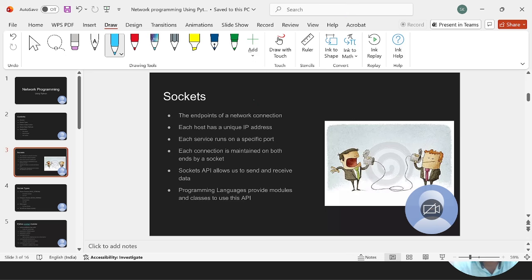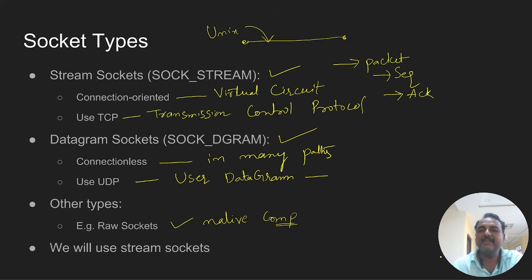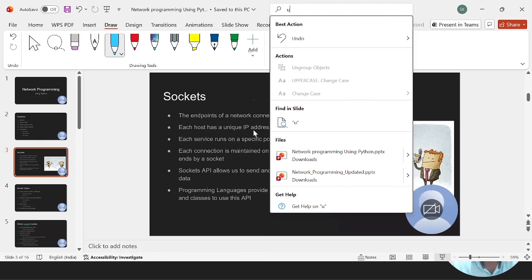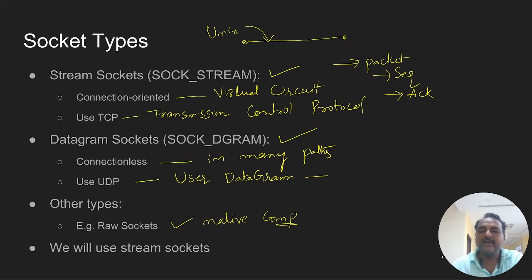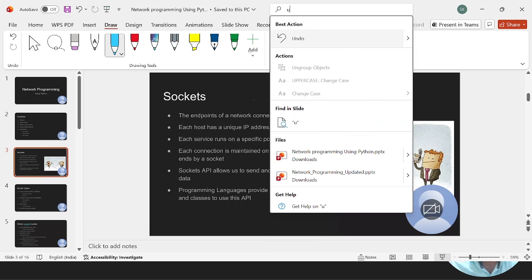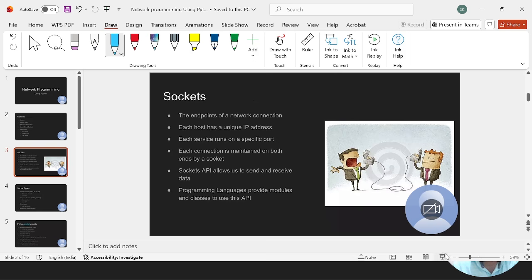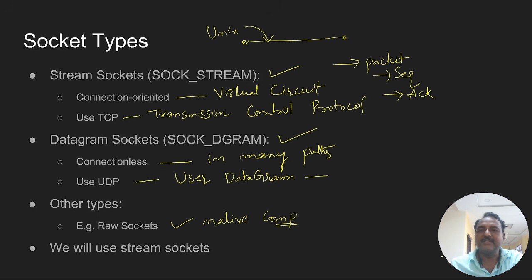So if both of the communicators have a similar type of environment, then we can take the help of sockets called raw sockets. So we have Unix here as well as Unix there. The sender and the receiver are going to have a similar environment, or simply the same platform, when they are sending the data.